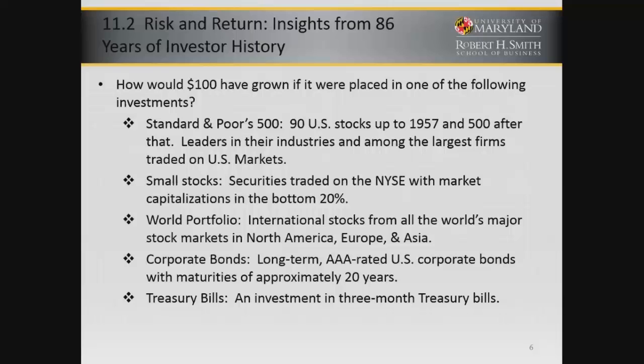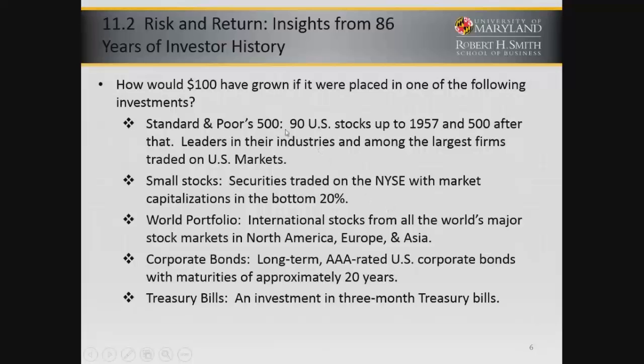Now we can look over investor history, and what if one of your ancestors or grandparents perhaps were smart enough to put $100 into different investments. How would that have grown from the 1920s out to the early 2000s?